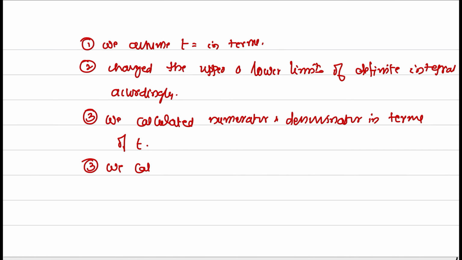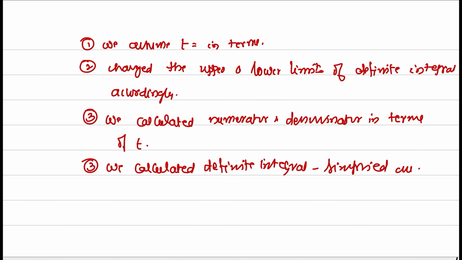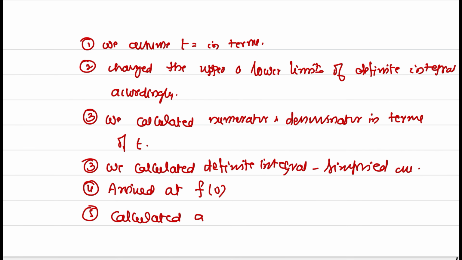We calculated the definite integral, simplified it, then arrived at function 0. Then we calculated a.